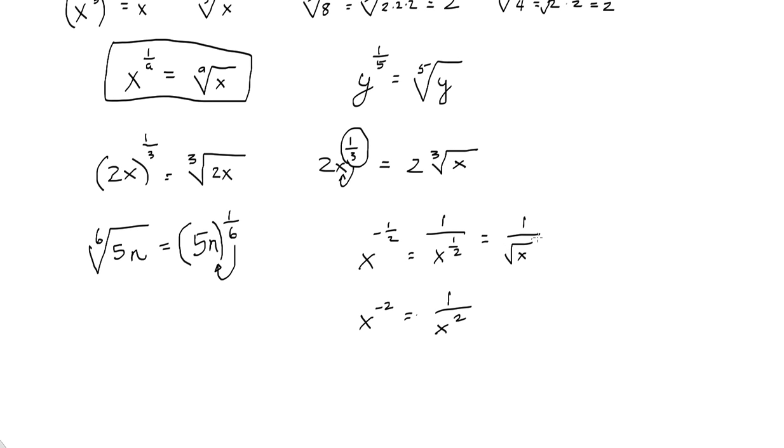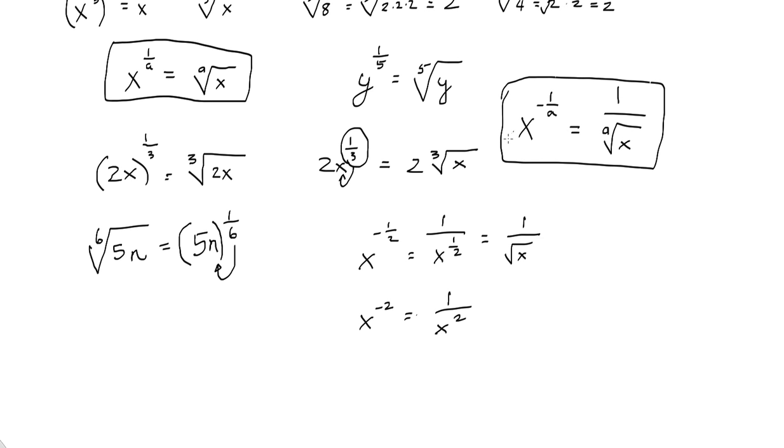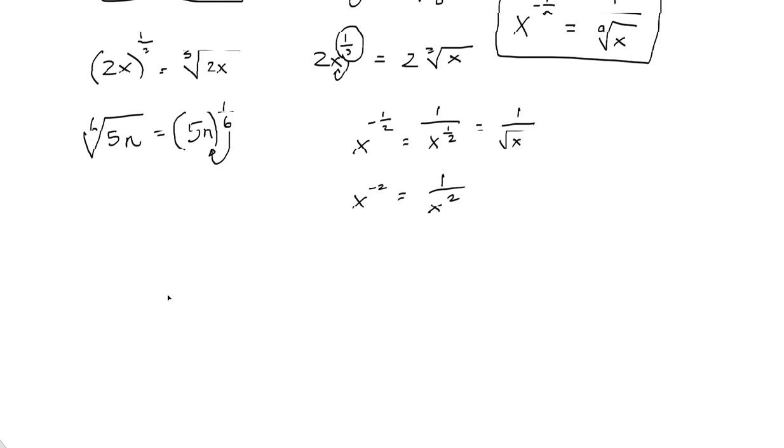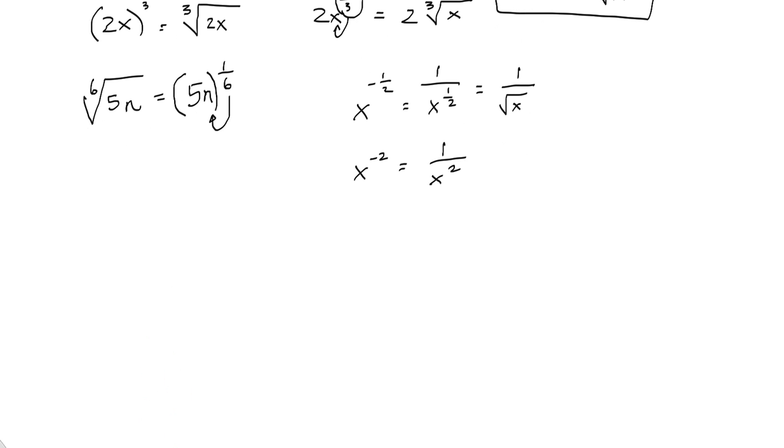Okay? So if we want to write another rule here that's related to the first one that I wrote, how about we write x to the negative 1 over a equals 1 over the ath root of x. Which begs the question, folks, I'm sure you've had the question, what happens if the numerator of our fraction isn't 1?